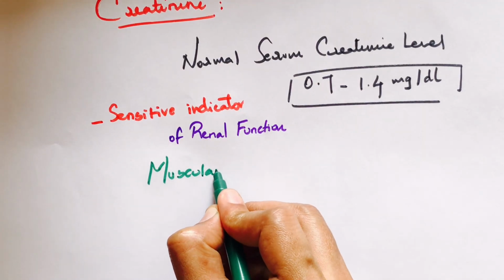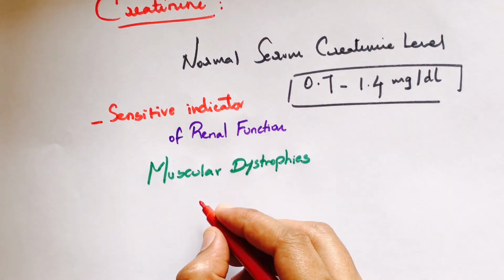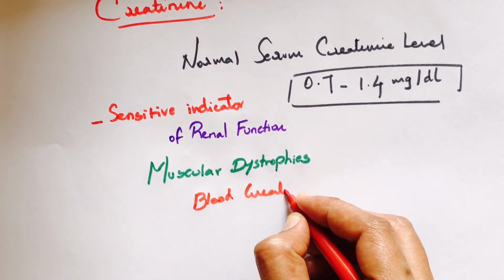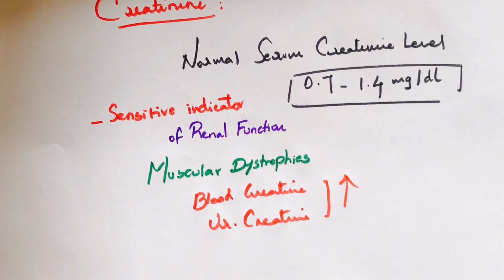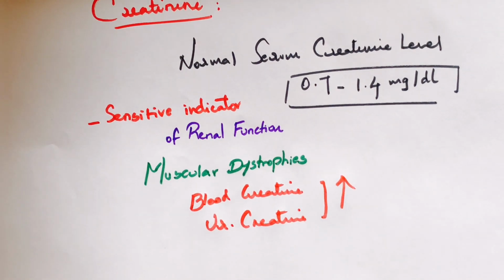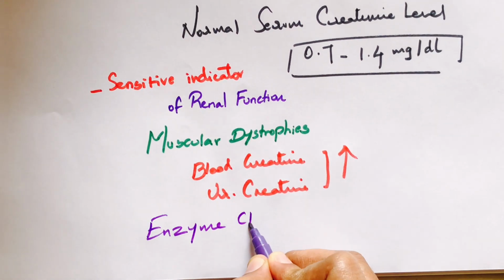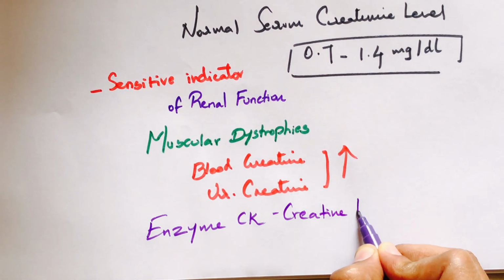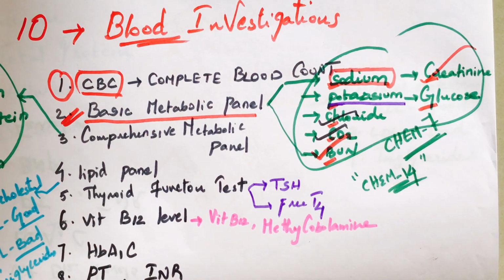Apart from kidney functions, serum creatinine is important in conditions like muscular dystrophies, where both the blood creatinine and urine creatinine are higher. And when the enzyme creatine kinase is increased, it is the main indicator in myocardial infarction.